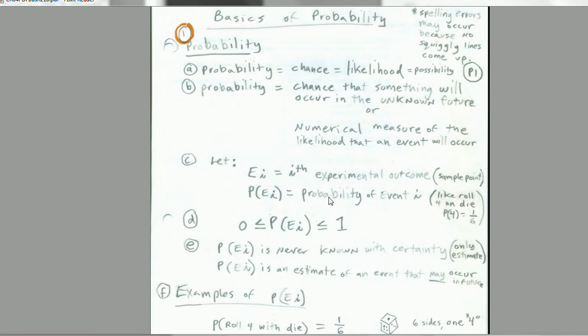Because you think about it, if we're given a probability that something can happen, the biggest number it can ever be is I'm 100% sure it's going to happen. You can't have 110. And 0 means there's a 0% chance that that event will occur. Those are the two bookends. 0 to 1 inclusive.